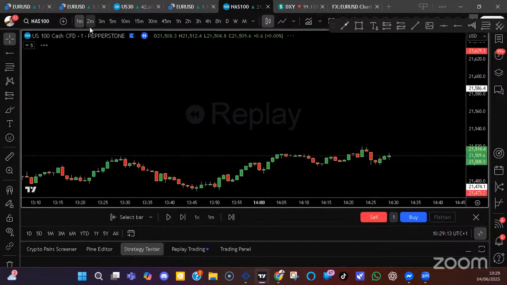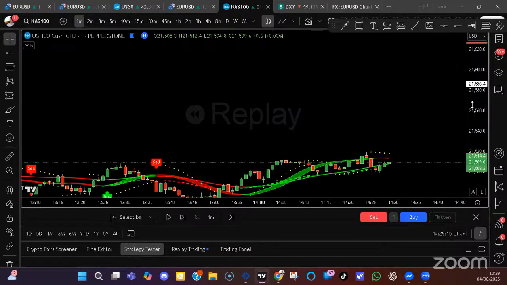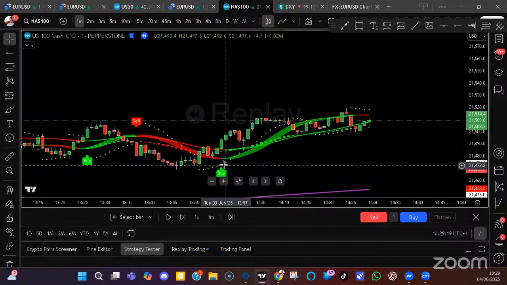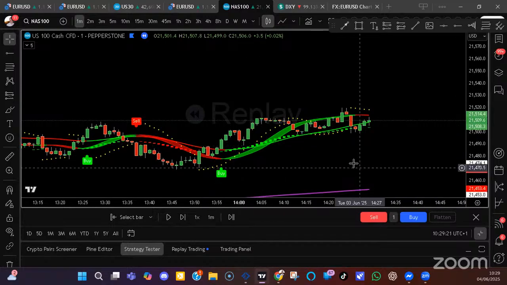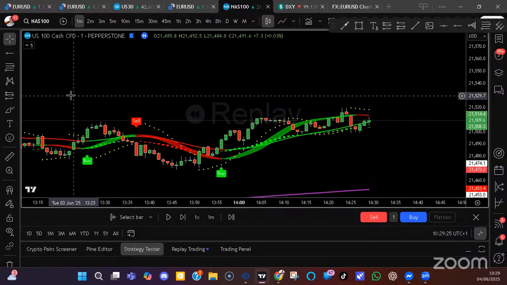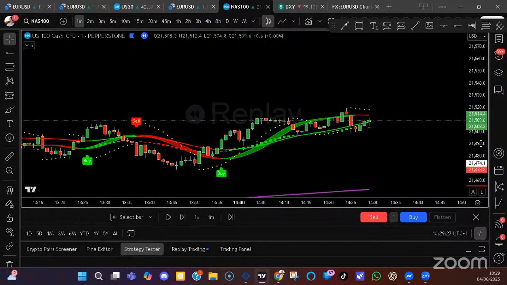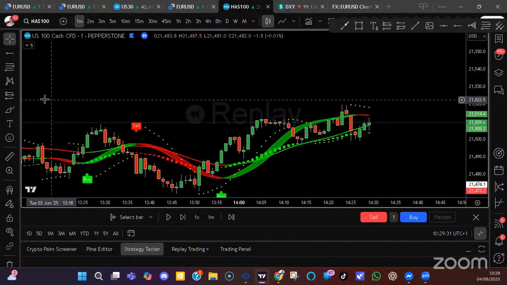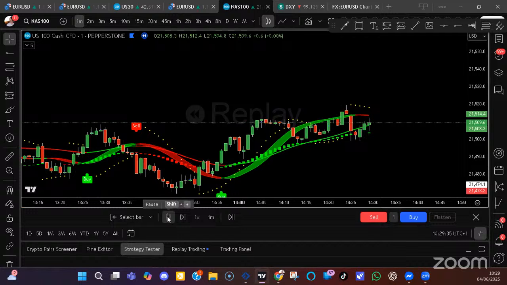Going down on the 1 minute. We've got this buy here, but too late to get into that. We are at 14:29. Hopefully you'll see the candles get a lot bigger at 14:30. You can see how small they are there. We'll just play it along bit by bit and see what happens.